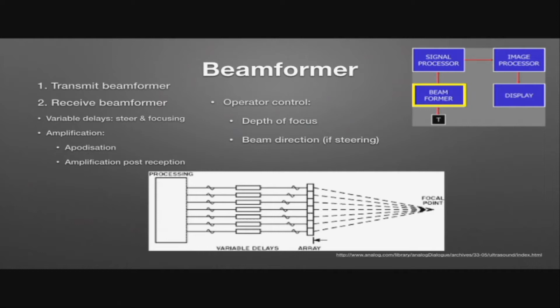And that happens both in transmitted echoes as well as received echoes through these variable delays. In reality, you've probably got about 128 delays, both in transmission and reception of the ultrasound waves, leading to the beamformer.